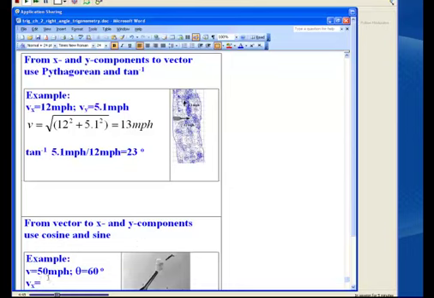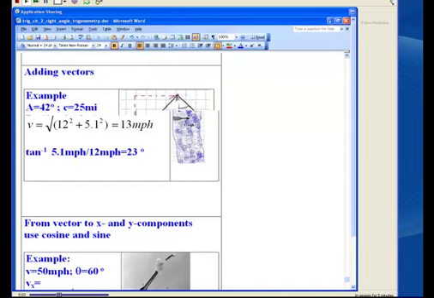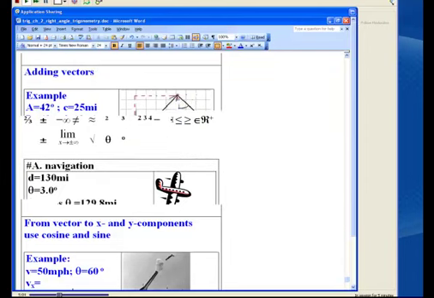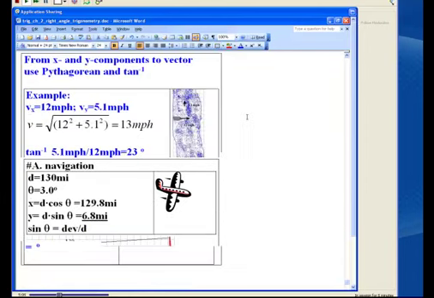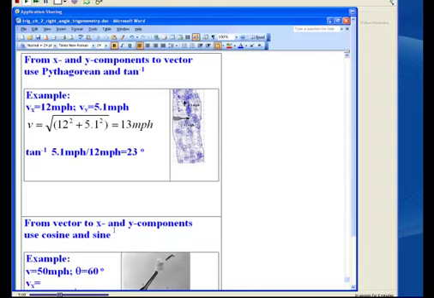And since we have a vector at a certain angle, in order to determine the y component, which is the opposite, with the hypotenuse being given, well, we use the sine. So we have 50 miles per hour times sine of the angle 60 degrees.